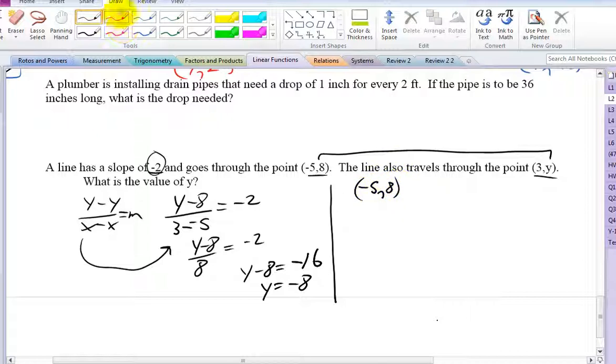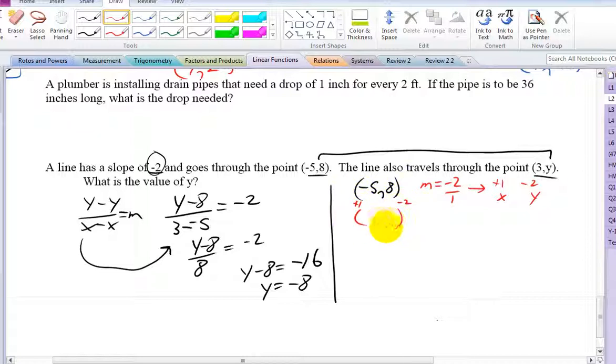Okay. Now the other way, if your slope equals -2 over 1, what does that mean for your x and your y value? That means your x value goes up by 1, but your y value goes down by 2. Okay. So we can go plus 1 minus 2.